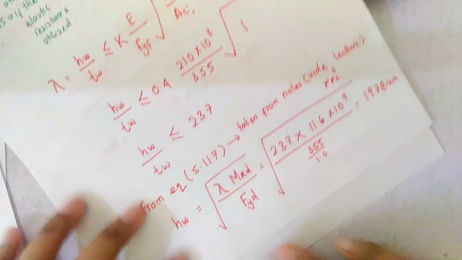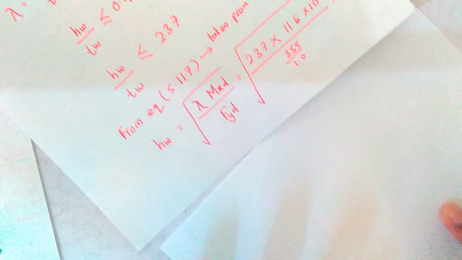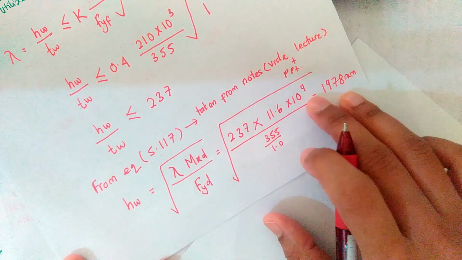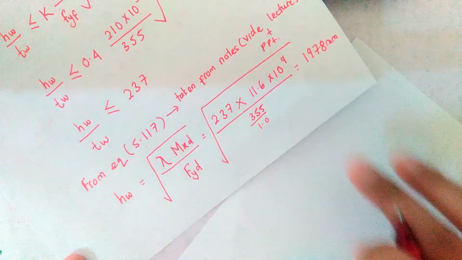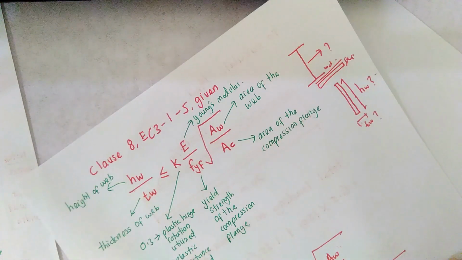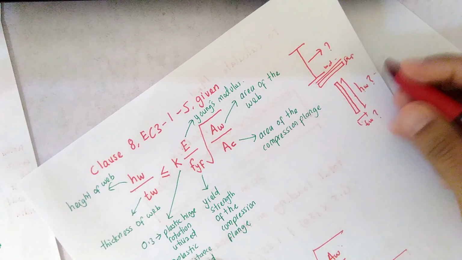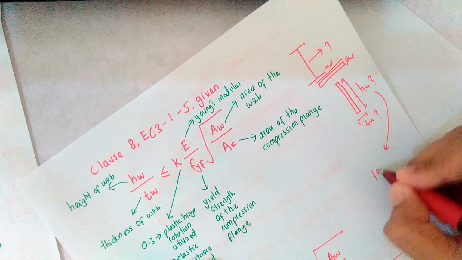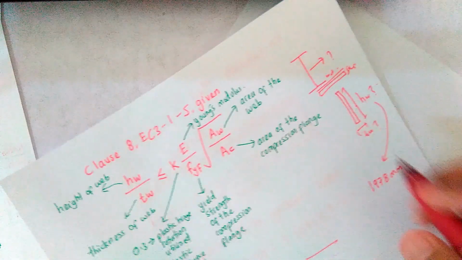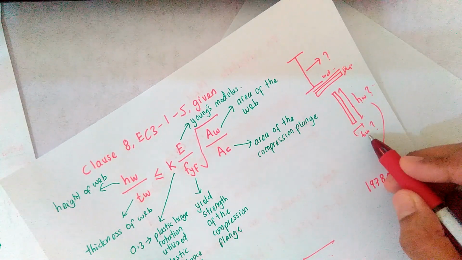So your HW, the height of web, now is 1978 millimeter. Then we want to know your thickness of web.